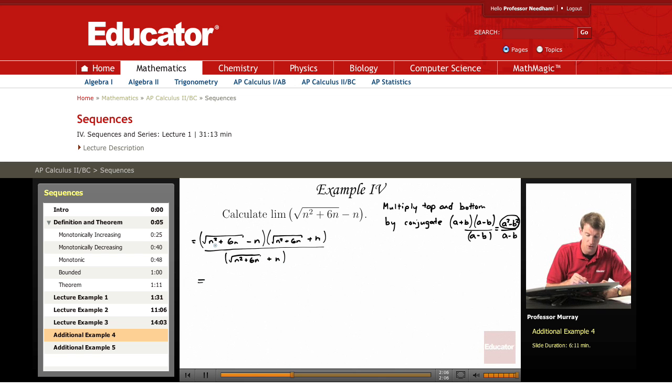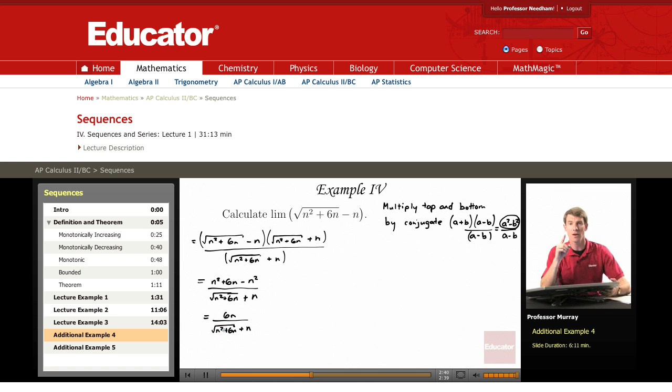So we get the square root of n squared plus 6n, squared, so that's just n squared plus 6n, minus n squared, and then that same denominator, the square root of n squared plus 6n plus n. And this simplifies nicely down to 6n over the square root of n squared plus 6n plus n.